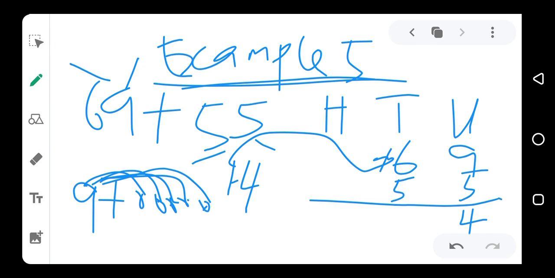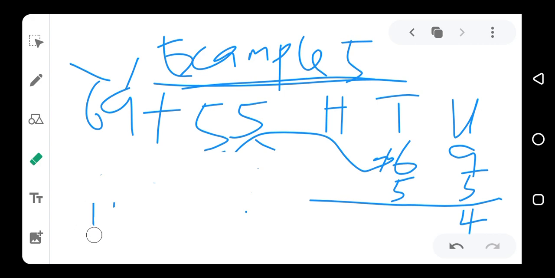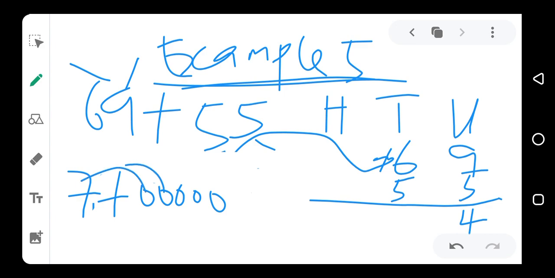Now 7 plus 5. 7 plus 5 is 7, 8, 9, 10, 11, 12. So 7 plus 5 is 12. 12 is 1, 2.